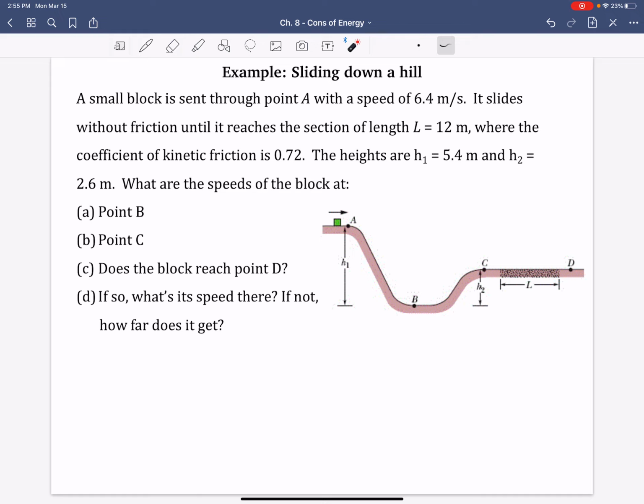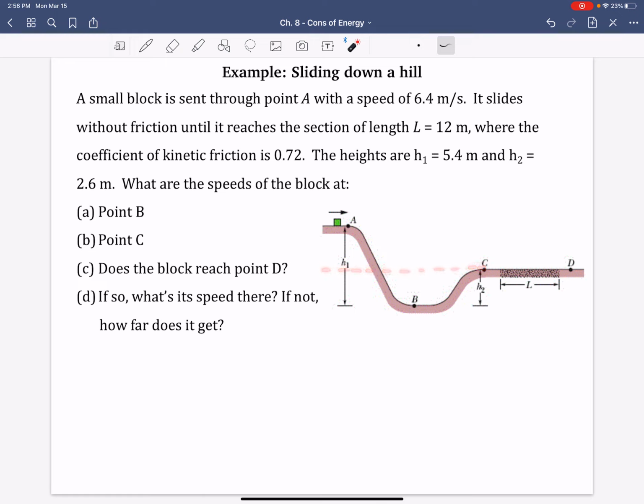I say potential because I'm going to set the zero height down here. I'm going to measure potential energy from down here, because I think that's easiest, at least in this problem, because this picture specifies the height of h1 from that point already. But you can just as easily say potential energy is zero at the height of C. That's up to you.